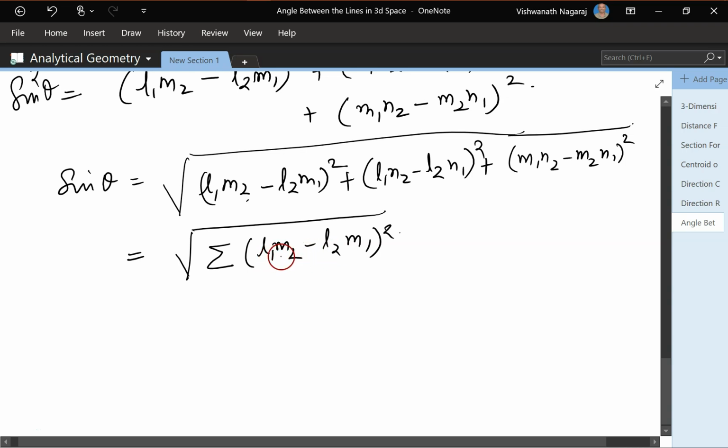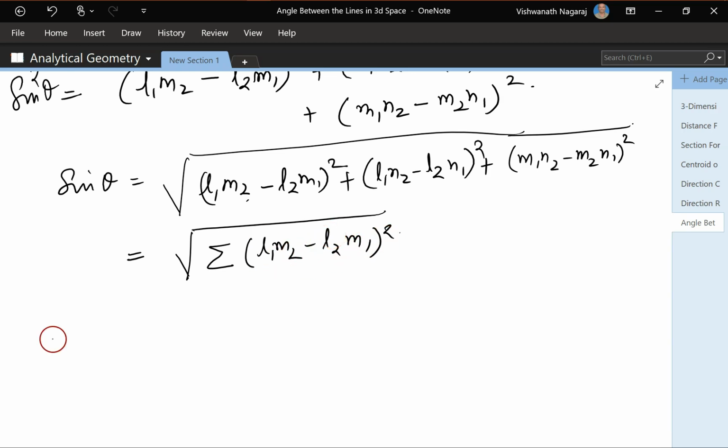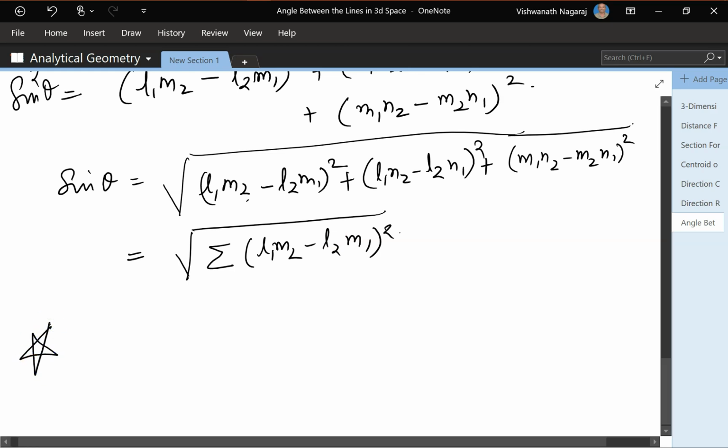So (L1 m2 minus L2 m1) square plus, in place of L1 we write m1, in place of m2 we write n2, minus m2 n1, square again. We learnt this as part of modular mathematics. Okay, now that is in terms of sine theta.